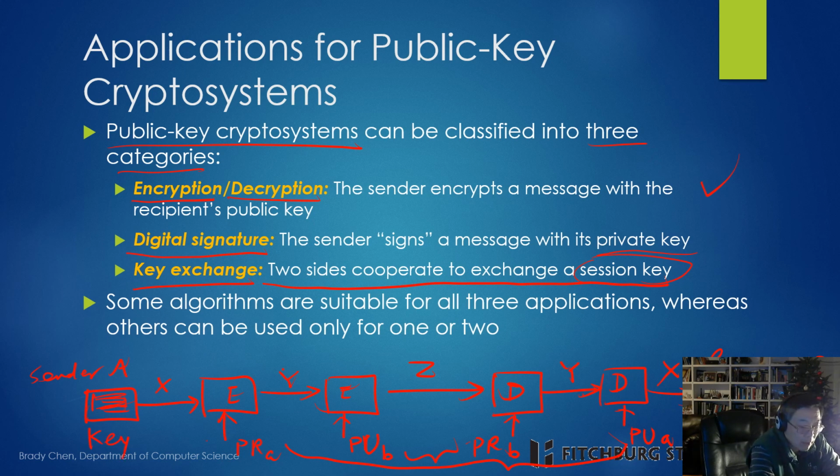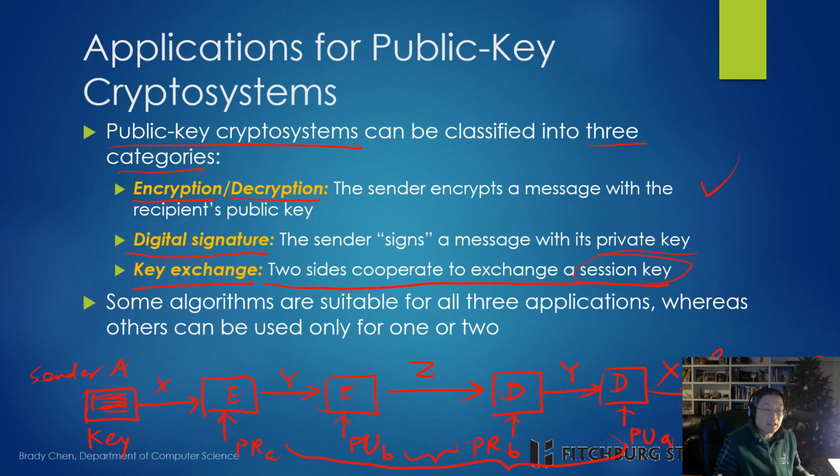Let's say sender A and receiver B want to communicate. Sender A says, let's communicate with a private key, so I generate the key and send it to the receiver.